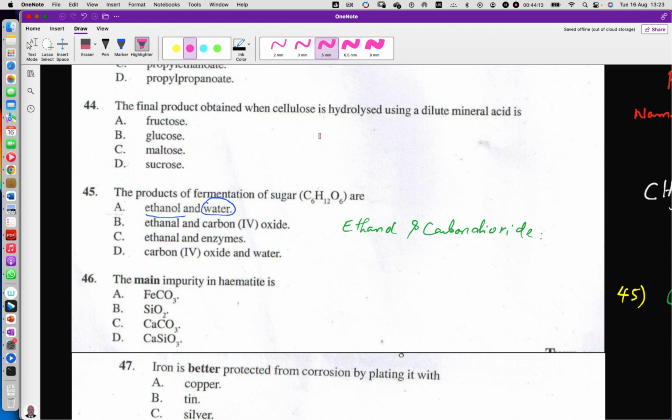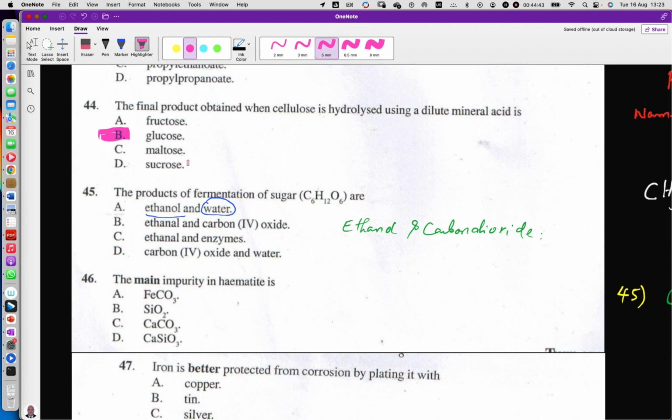When cellulose undergoes acid hydrolysis, the final product that we will obtain is glucose. That is B. When cellulose is broken down, we will have glucose as the final product.